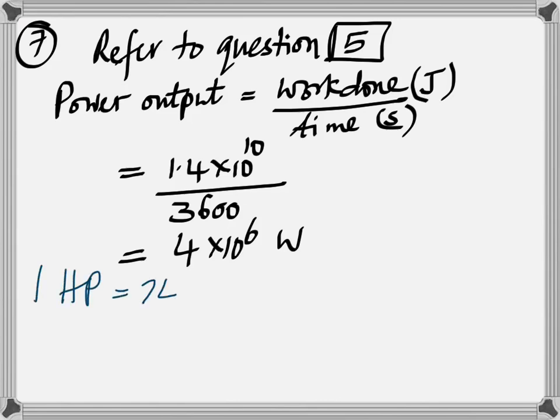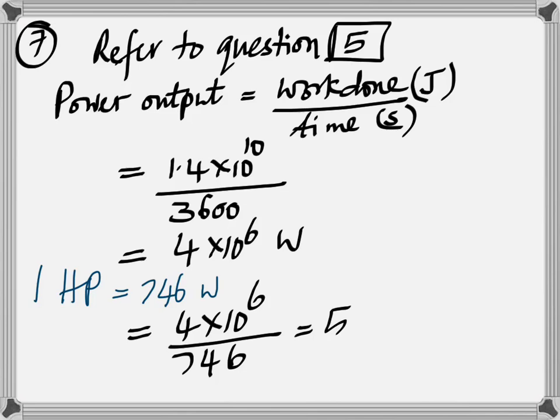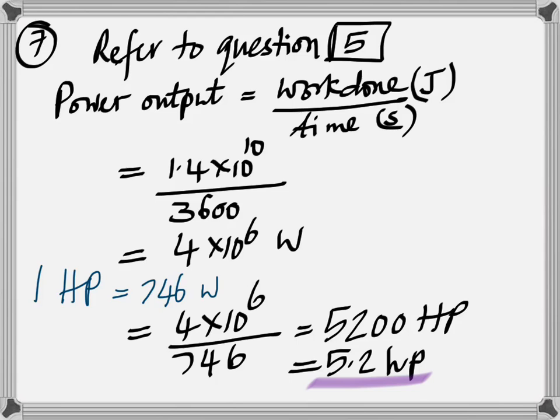Okay, and then there's a small mistake in the answers because they want it in horsepower. Have you heard of horsepower? 1 horsepower is 746 watts. That'll be given to you. So you have to divide this by 746 to give you 5200 horsepower, which is 5.2 kilo horsepower.